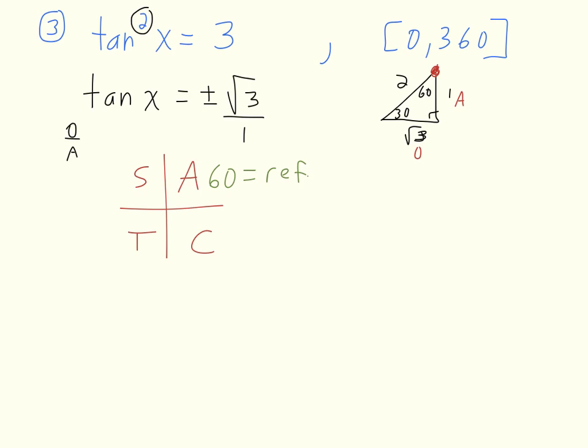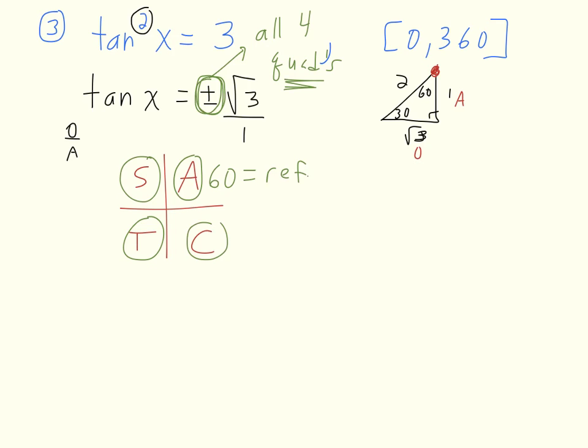Now, because we needed this plus or minus from square rooting each side, what that really tells us is that we're going to have all 4 quadrants as our possible answers. Because we're going to have the 2 where tangent is positive, which is here and here, and then we're going to have the 2 where it's negative. So the plus or the minus means we're really in all 4. So in our second quadrant, we're doing 180 minus 60, so that's 120.